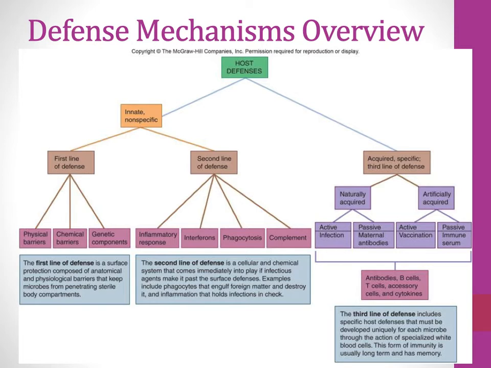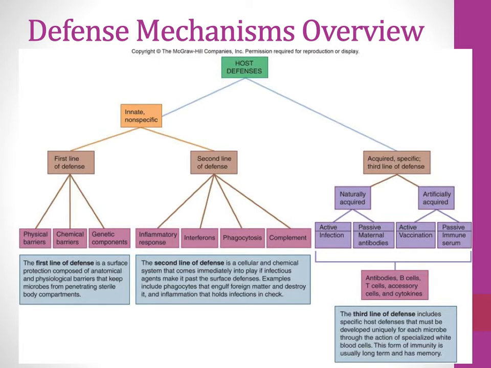As far as test situation, if I ask you an open-ended question, if you use innate and nonspecific, that's fine. So I will accept those interchangeably, just like with adaptive, use acquired or specific, those can be used interchangeably.